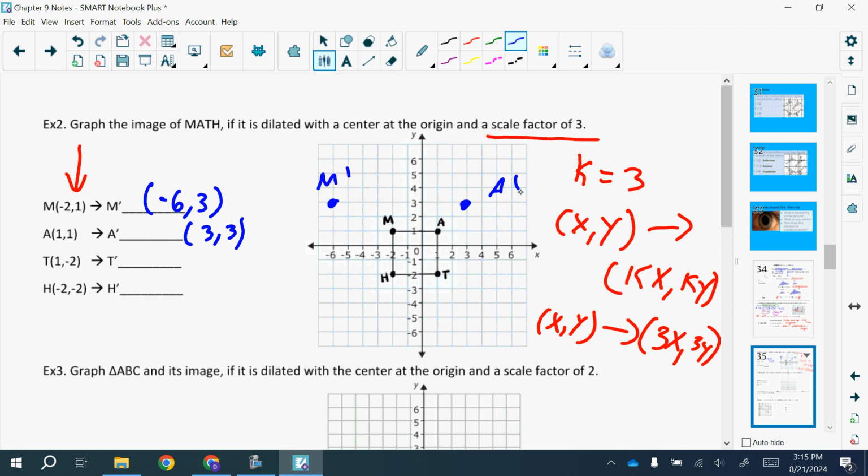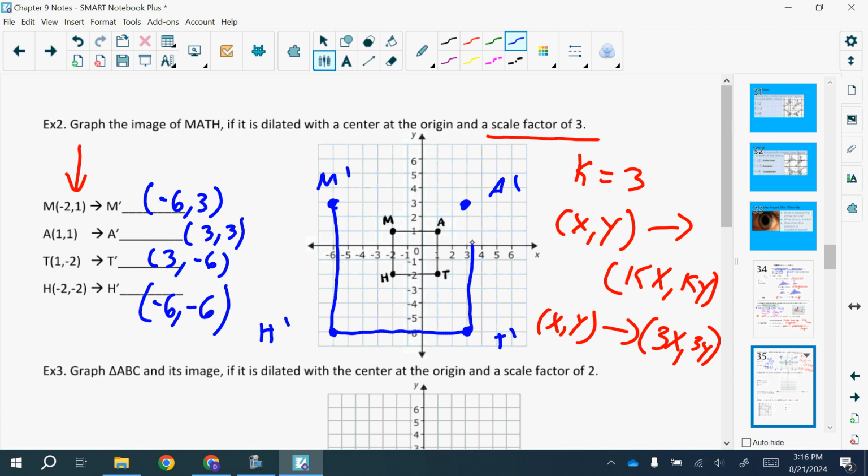This is A prime. 1 comma -2 goes to 3 comma -6, which is right here. This is T prime. And H prime, -2 comma -2 goes to -6 comma -6, which is right here. This is H prime.